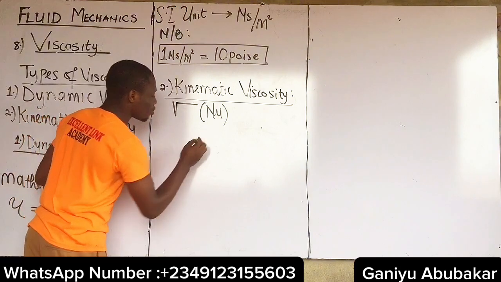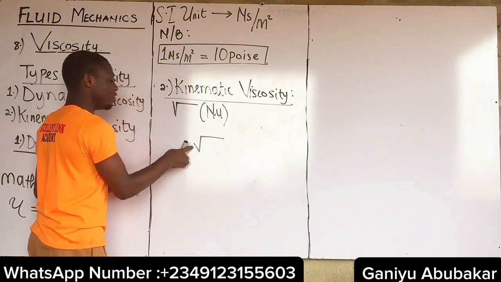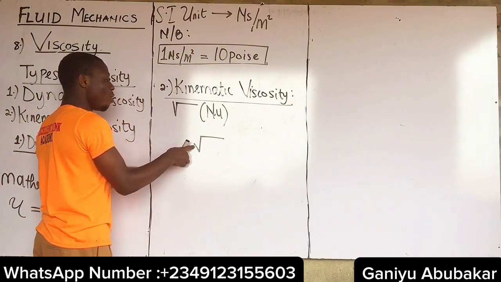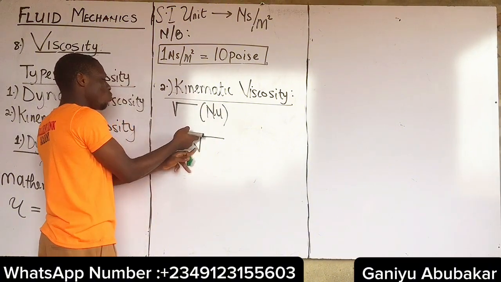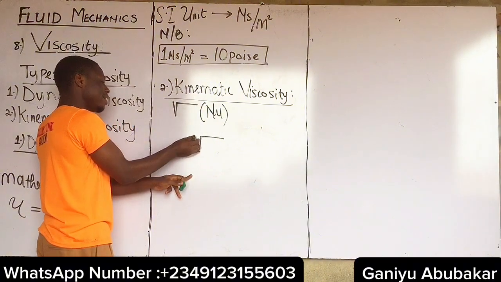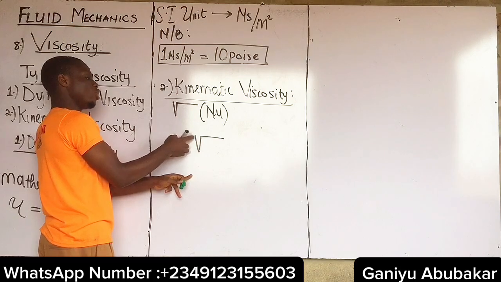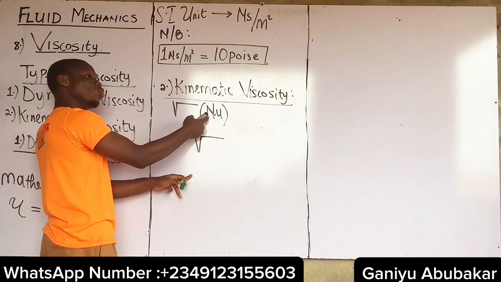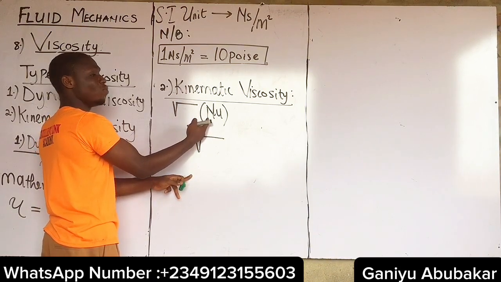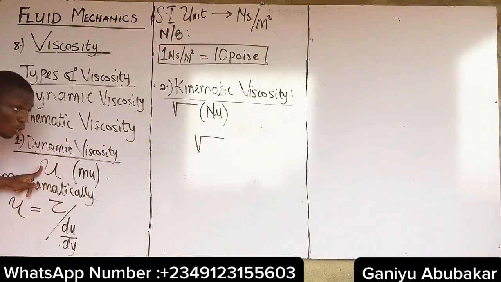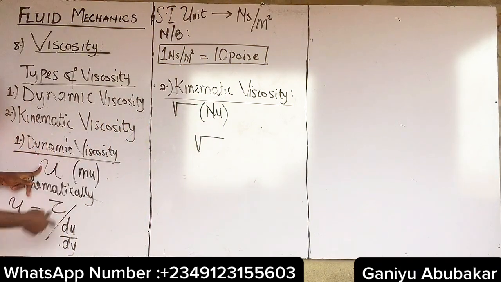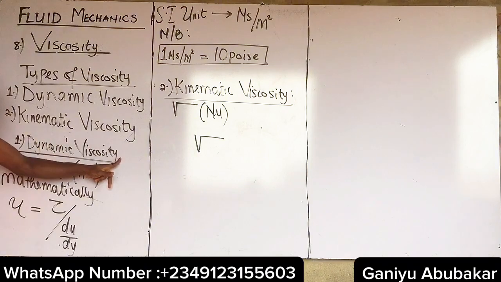This one is a Greek symbol called nu. It is used for representing kinematic viscosity, while the Greek symbol mu is for representing dynamic viscosity.